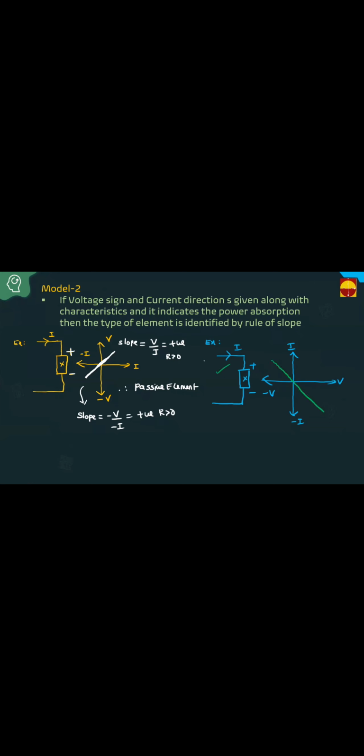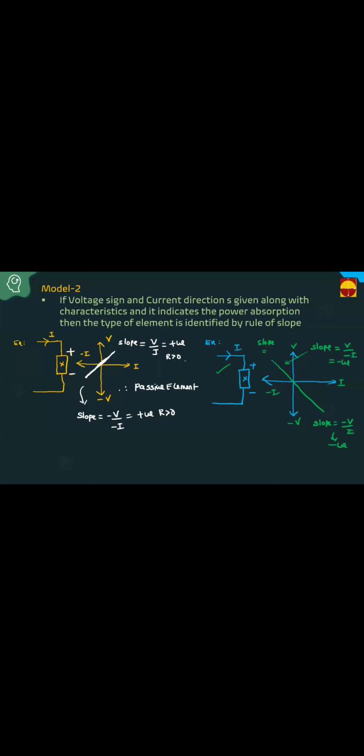If power absorption is indicated, then you find the slope. Slope equals V by minus I. Positive or negative? Negative.